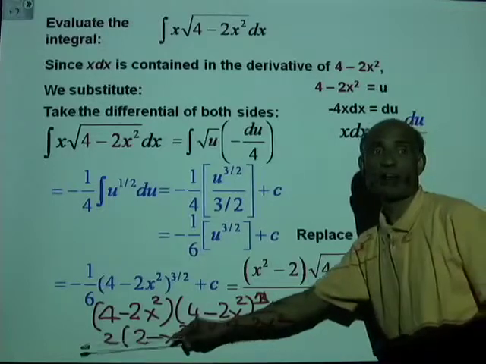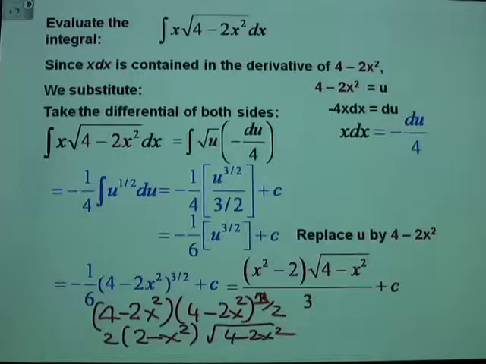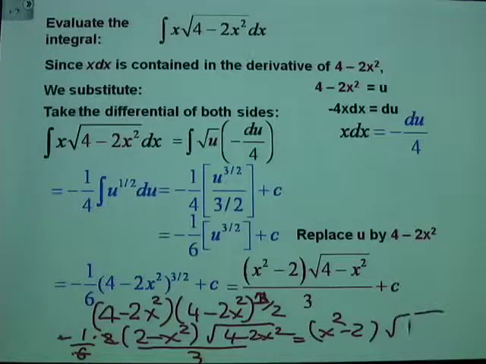In other words, that negative 1, let me write that to the left. There is a negative 1/6 there, and 2 and 3 will cancel, leaving a 3 on the denominator, and the negative, when taken out, it will become x squared minus 2 times square root 4 minus x squared all over 3.